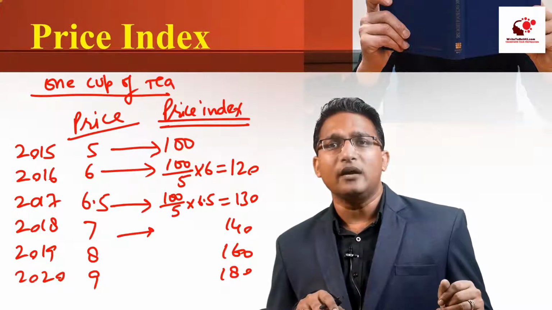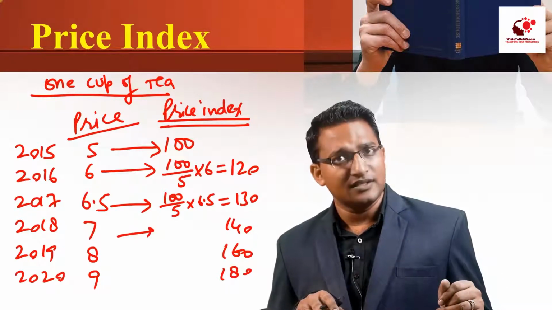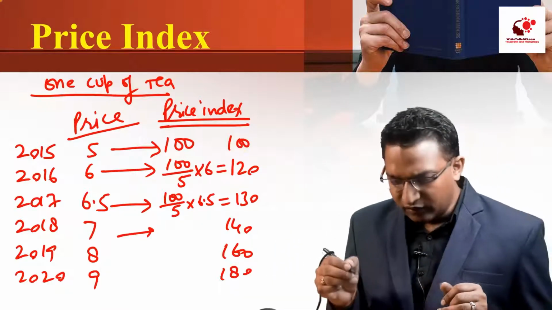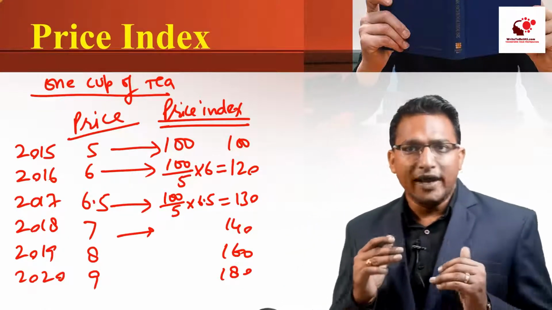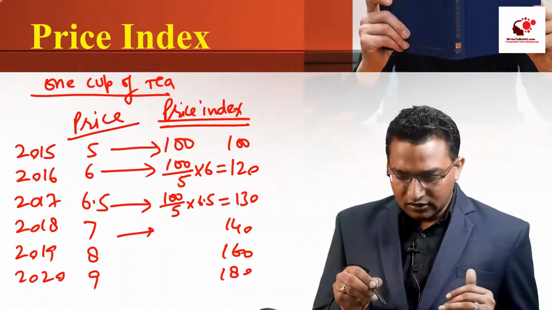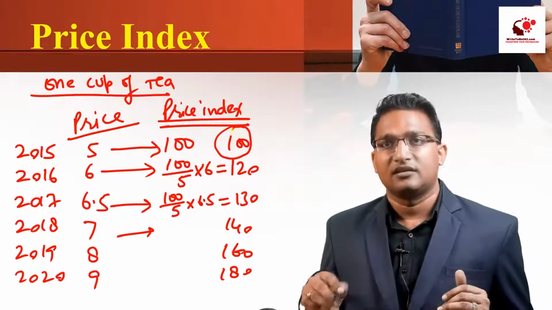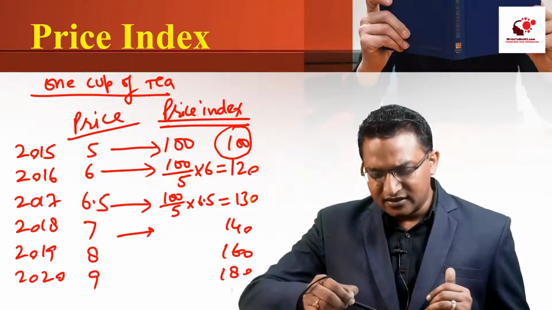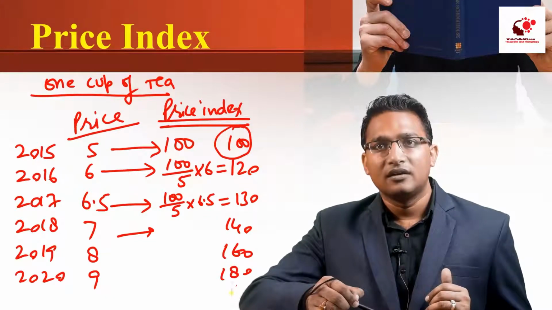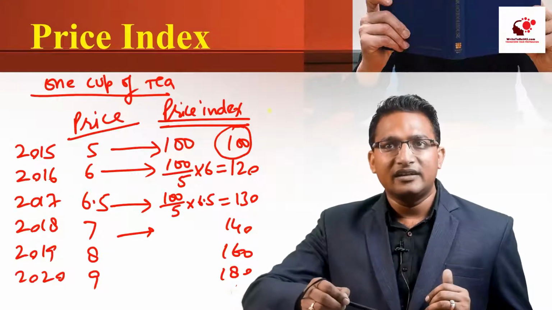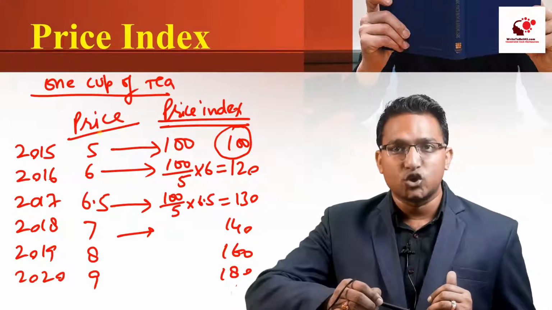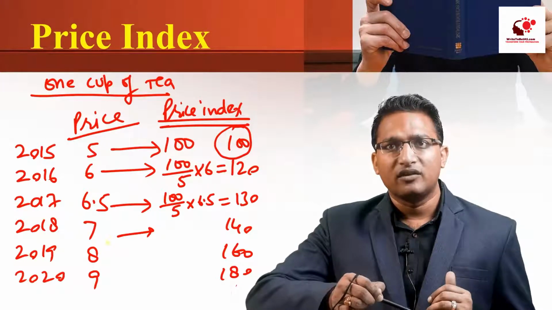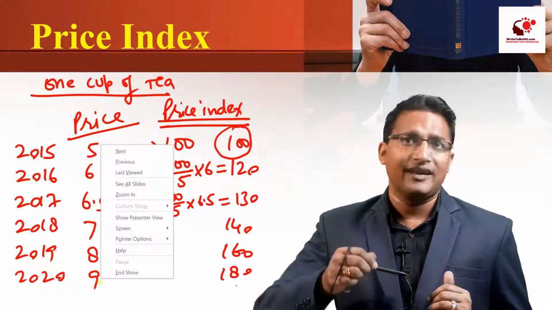So this is what we call the price index: 100, 120, 130, 140, 160 and 180. Can you see that if this is the base year or reference time period, every year the price index is showing an increasing trend, and this increasing trend is exactly similar to the increasing price from 5 to 6 to 6.5 to 7 to 8 and then 9, right?